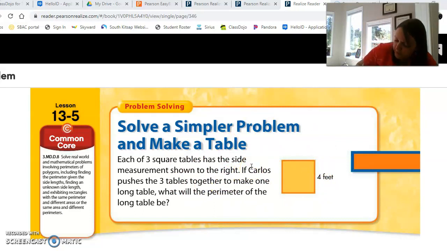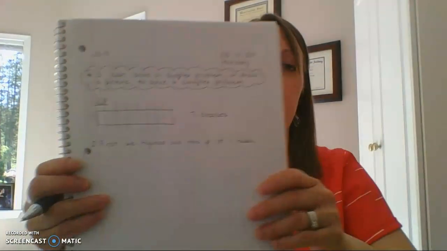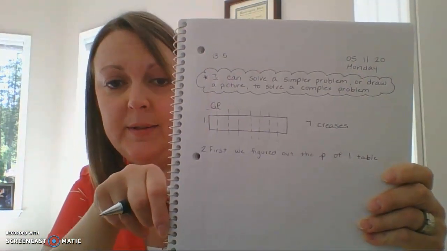Well, first, we figured out the perimeter of one table. And then from there, that's what helps you for the rest of it. If you can figure out the perimeter of the first table, then you know about the rest.